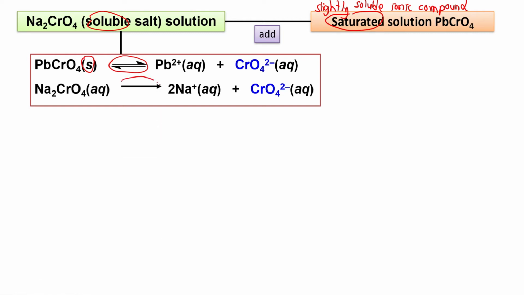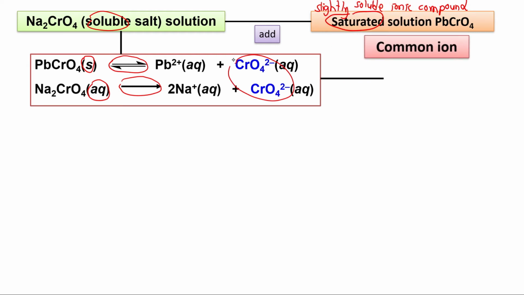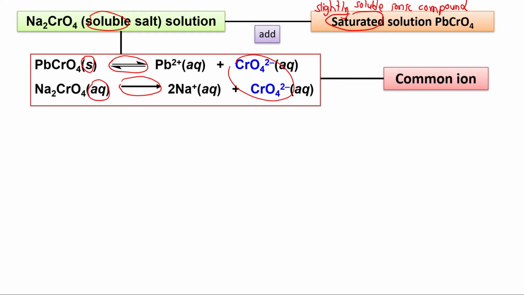It will dissociate completely into its ions, the sodium ion and also chromate ion, with the state aqueous. Can you spot any common ion here? Yes, the common ion is the chromate ion.